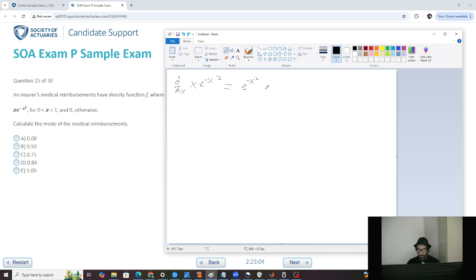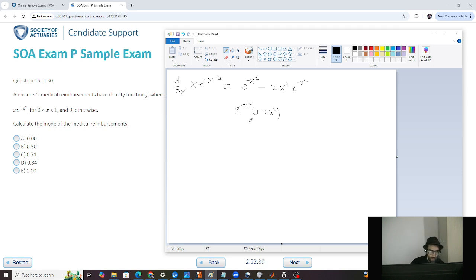Well, okay, so there's a minus in there, right? Derivative of this is minus 2x, so minus 2x squared, right? What we get, if we factor this out, e to the negative x squared times 1 minus 2x squared.